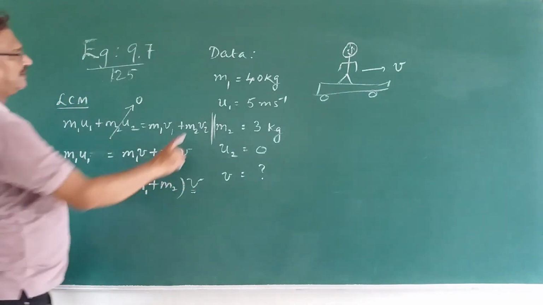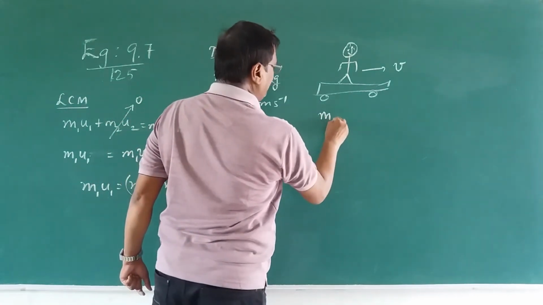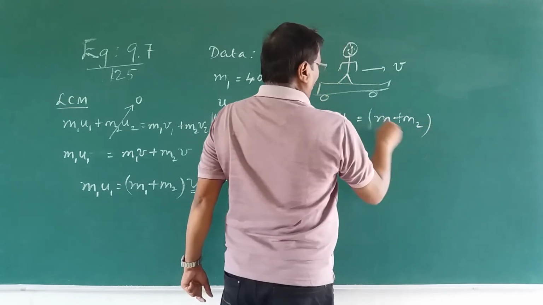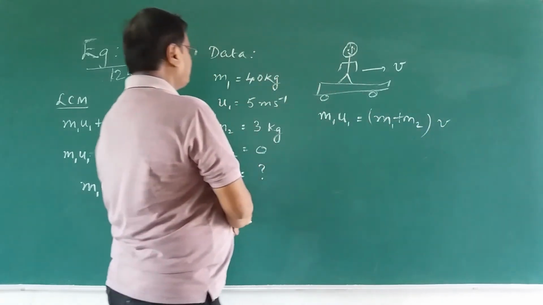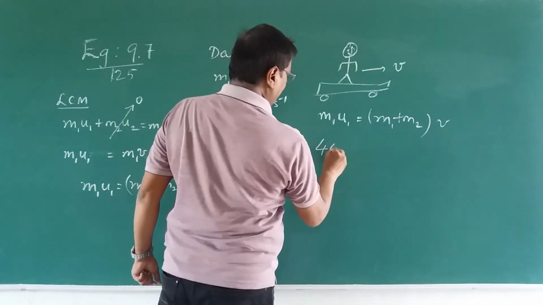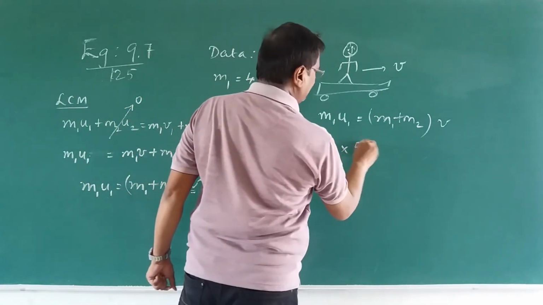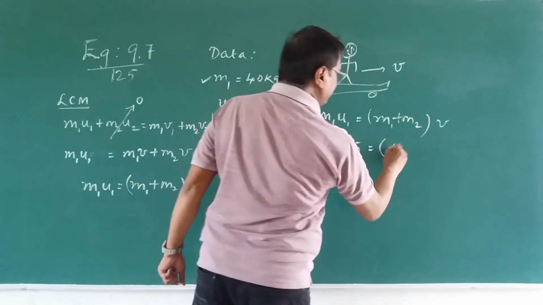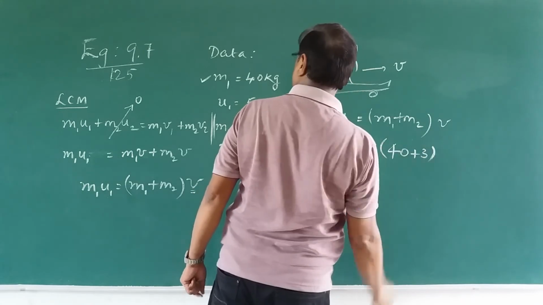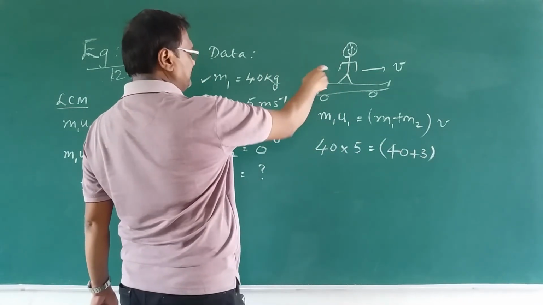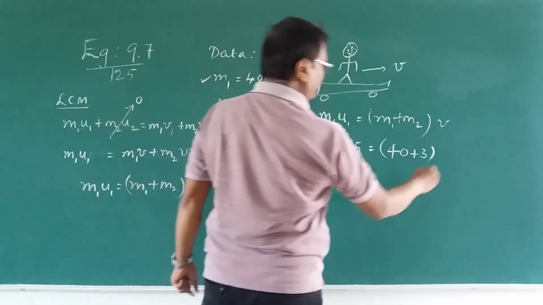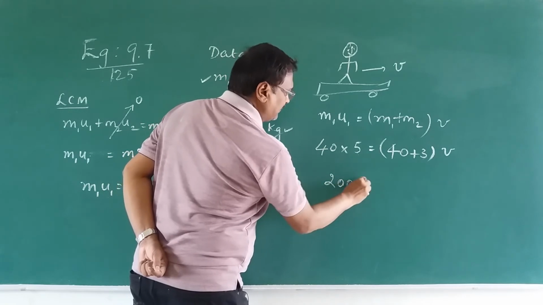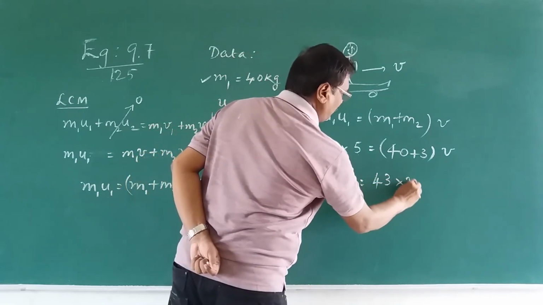Now I want to calculate V. M1 U1, M1 is 40, is equal to M1 plus M2 together into velocity V. 40 multiplied by U1, which is 5, is equal to 40 plus 3, into V. This 40 kilogram is the girl, 3 kilogram is the skateboard. 4 5s are 20, so 200 is equal to 43 into velocity.